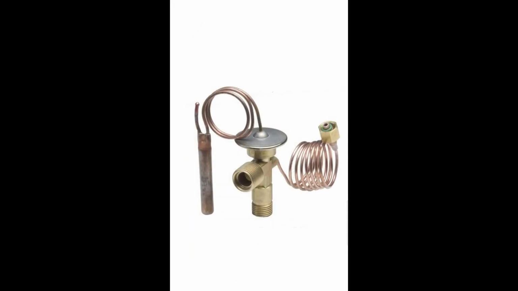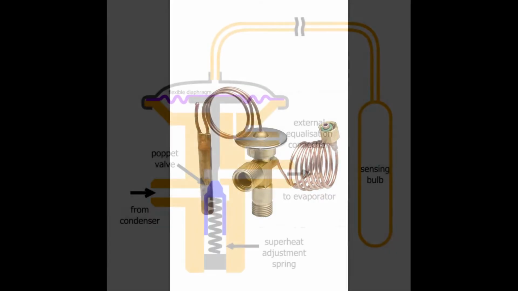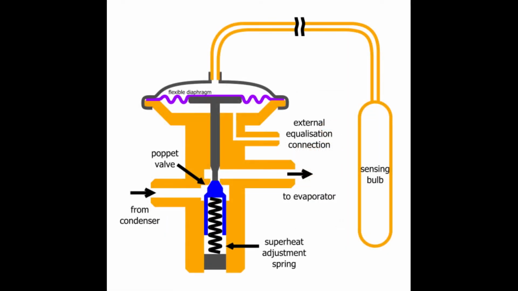There is also another kind of expansion valve with a sensing bulb that goes right in front of the evaporator. It contains a separate kind of Freon inside that controls a diaphragm on top.